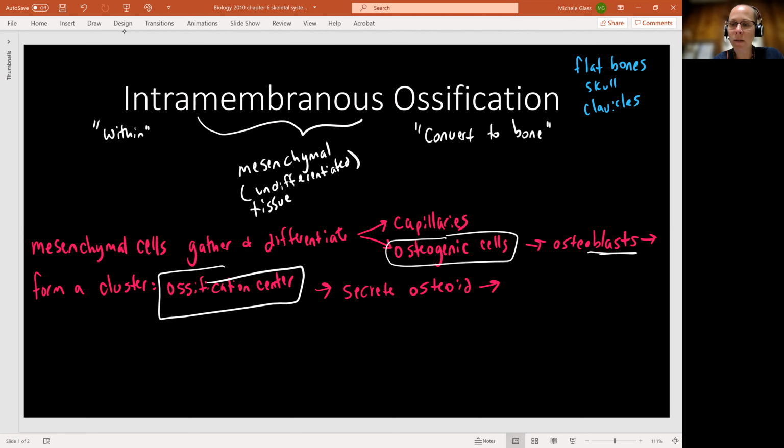And then once those osteoblasts are trapped in the calcified, so that means we've laid down the calcium phosphate, calcium carbonate, the hard stuff of that hydroxyapatite crystal.